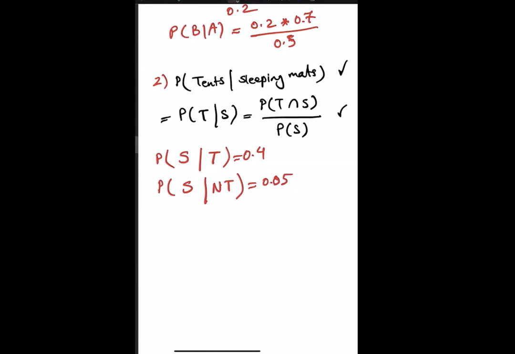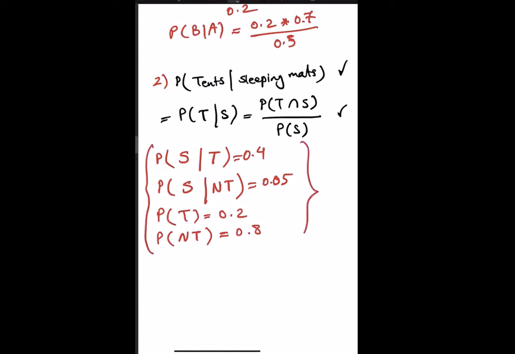We also know that 20% of orders include tents. Probability of tents is 20%. And as a result, probability of no tents is 0.8. Okay, so these are all that has been given to us in the problem statement.